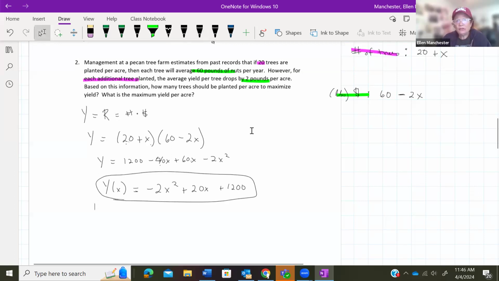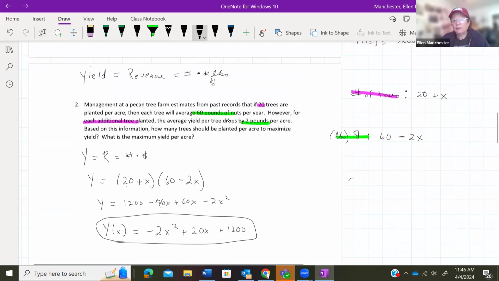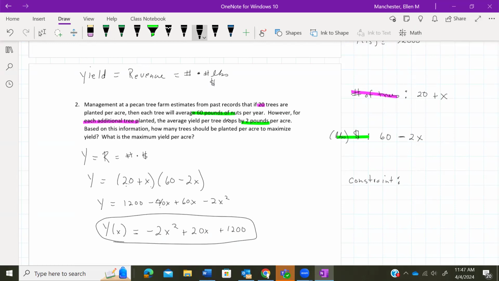Okay, so out of these two, which one do you think is the constraint? Which one is going to hold us back? Number of trees. Okay, so remember, you always want to look for the minus sign, because I can add as many trees as I want. But what that does is it affects the fruit, and this is a real thing in agriculture: the tighter and more compact the plants are, the less sunlight, nutrients, and water they get.